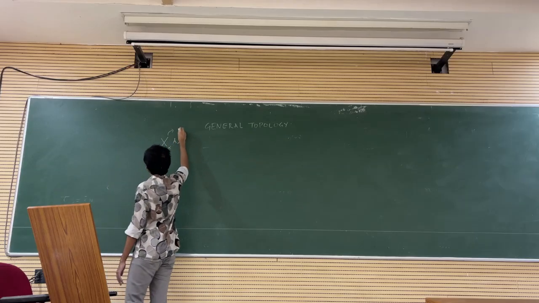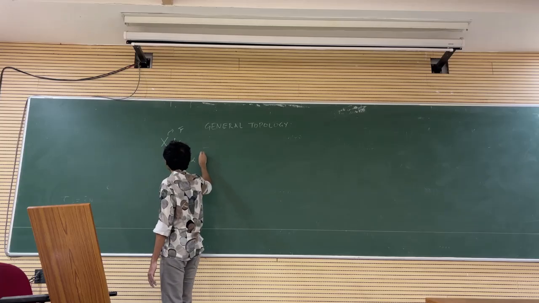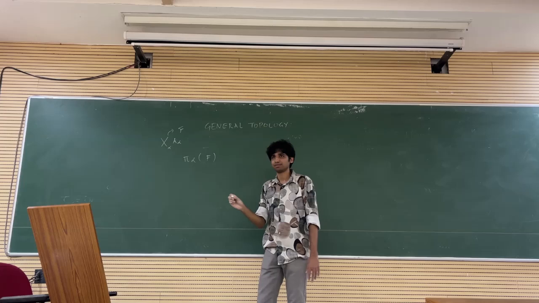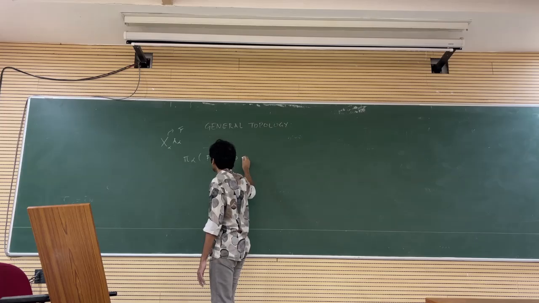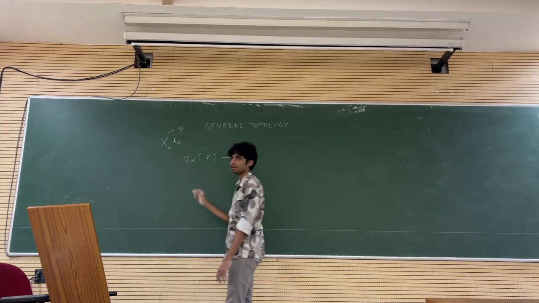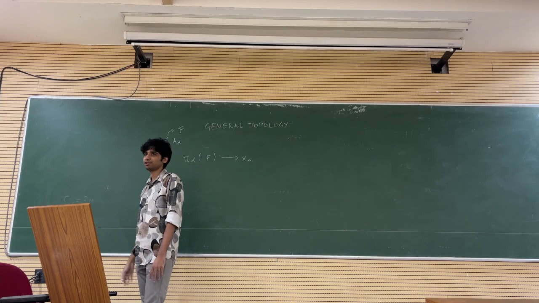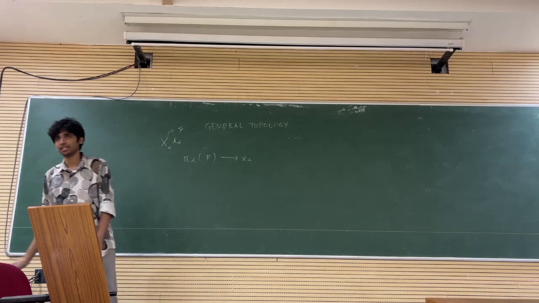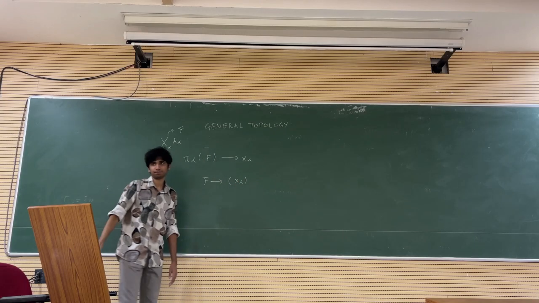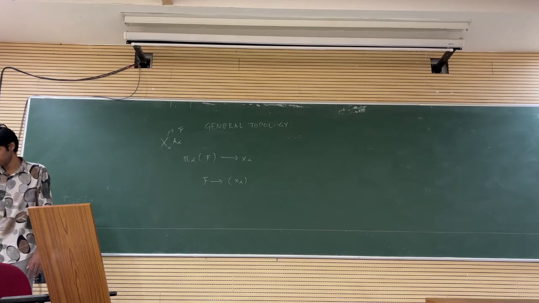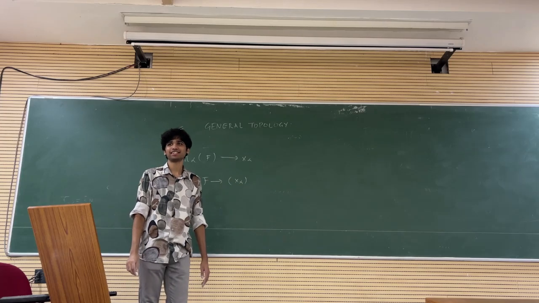So you take some filter F over here, use pi alpha, push that filter down, project that filter; the set is compact, so it converges to a point x alpha. Lift it back up, you have a choice of x alpha for each alpha, Tychonoff done, because then your F converges to x. You do some other business on the side, like the finite intersection property and whatnot.